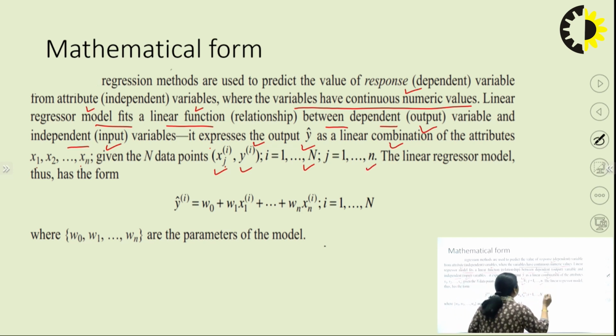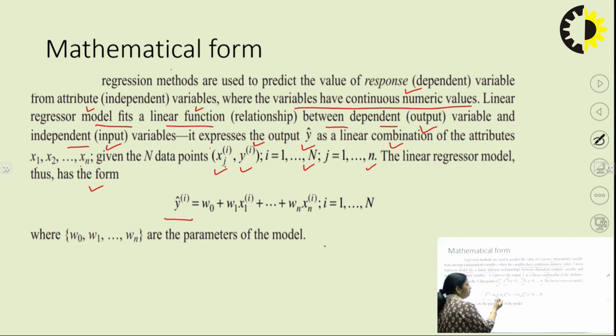The linear regression model has the following form. Y hat i is w0 plus w1 x1i plus w2 x2i up to wn xni, where i is 1 to n, where w0, w1 up to wn are the parameters of the model. These are the parameters in general machine learning.